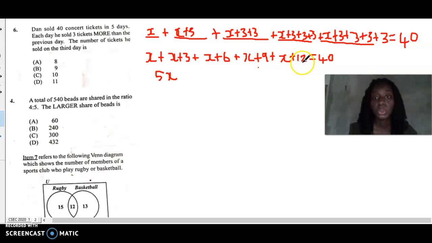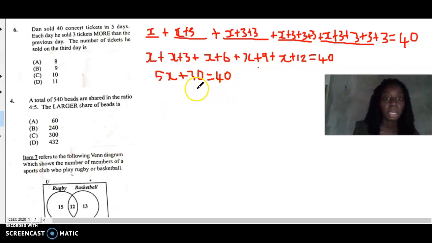So that is 12. So this should give me 5x plus 30 is equal to 40.